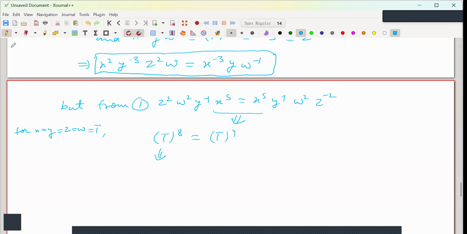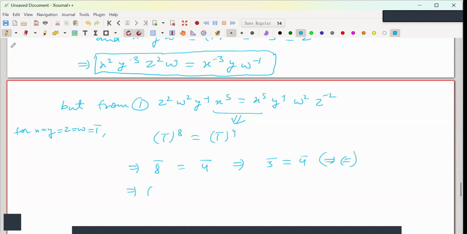This is under modulo 5, right? So this will be 8 bar and 4 bar, which implies 3 bar is the same as 4 bar, which is a contradiction.